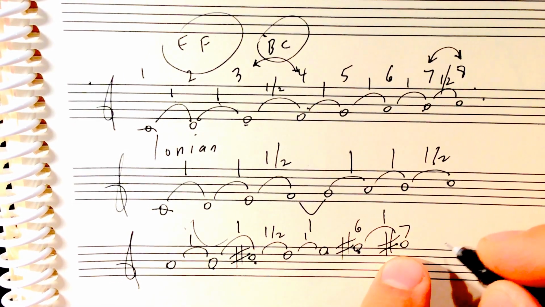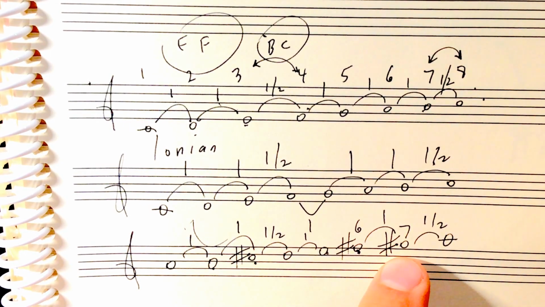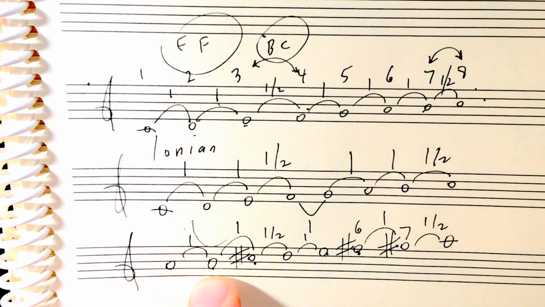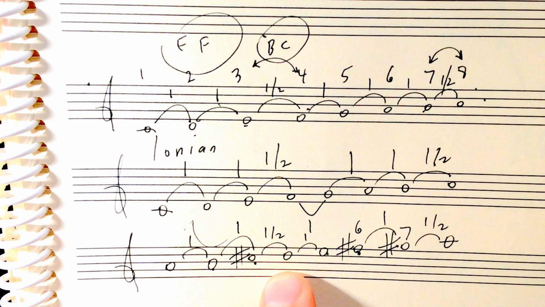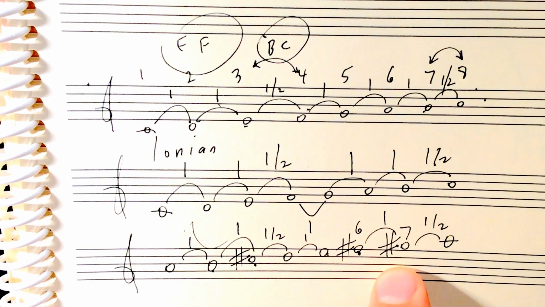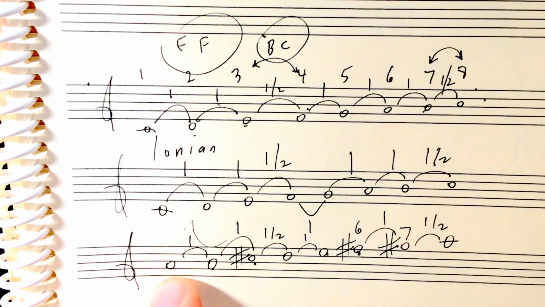And finally, from G sharp to A is our half step. And here, in playing, A, B, C sharp, half step, whole step, whole step, whole step, half step. And here's our major scale transposed into A.